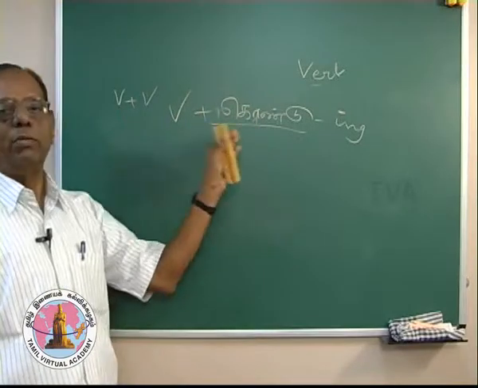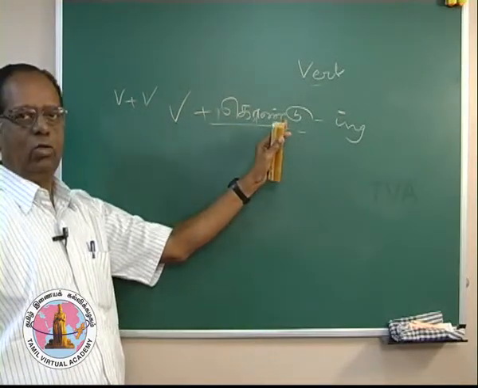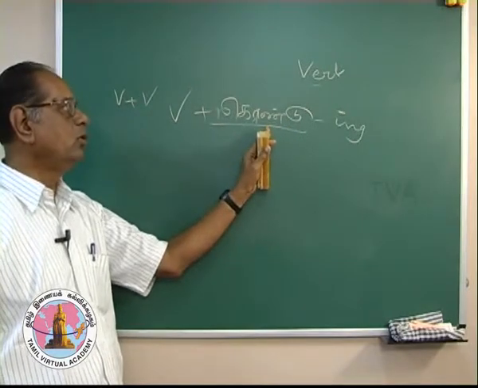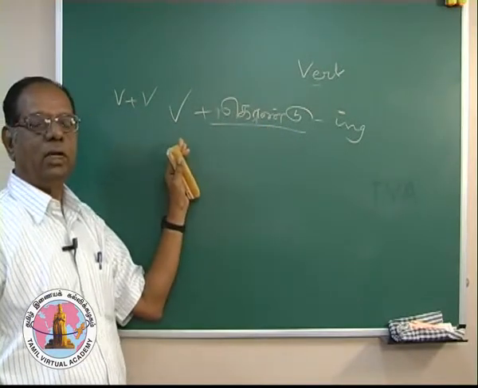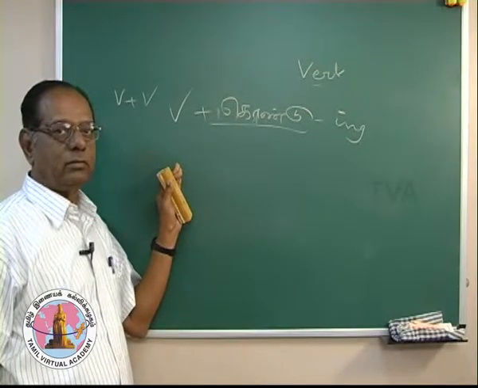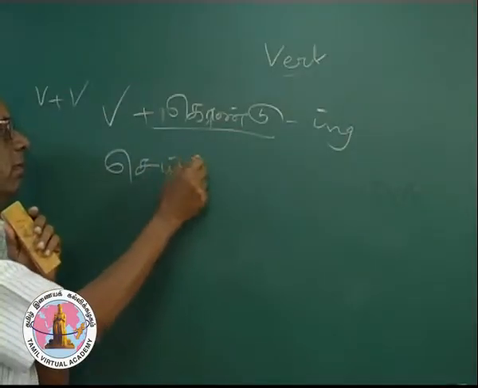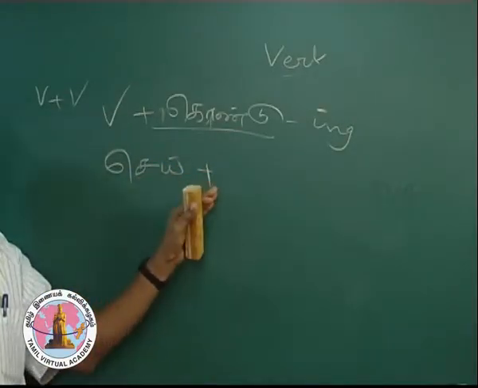Now you need a verb. To make it continuous, you add the suffix kondu to a verb. Which form of verb? This doesn't go well with that.